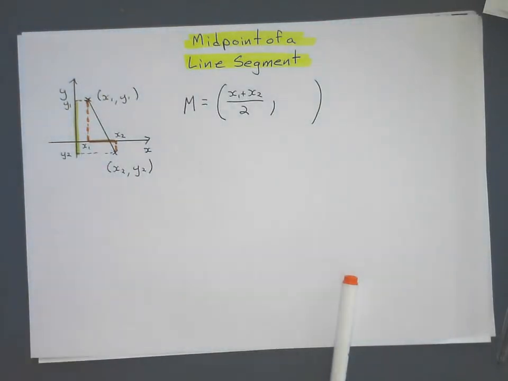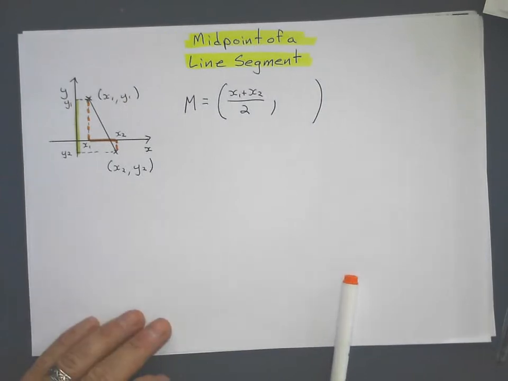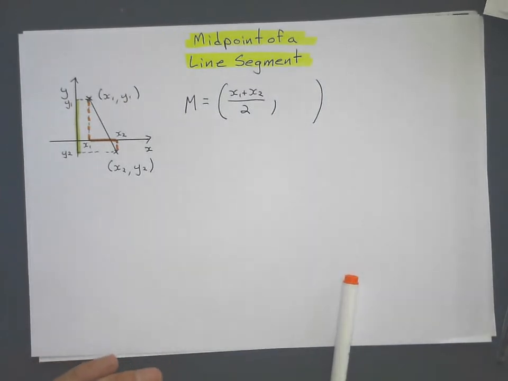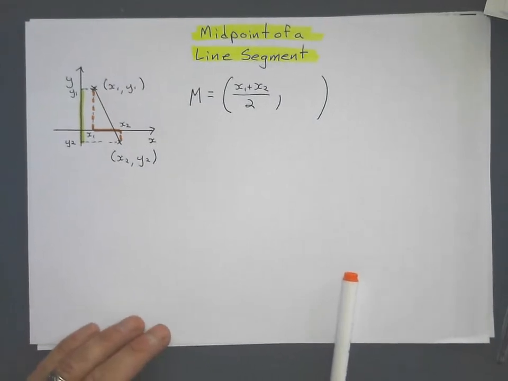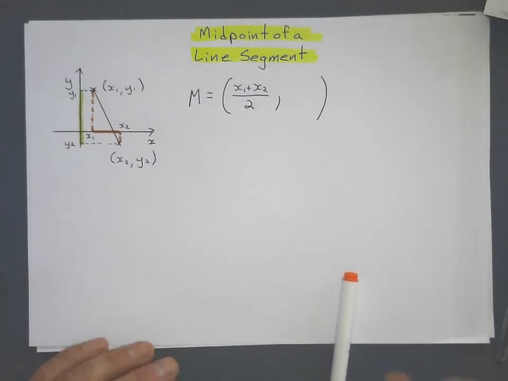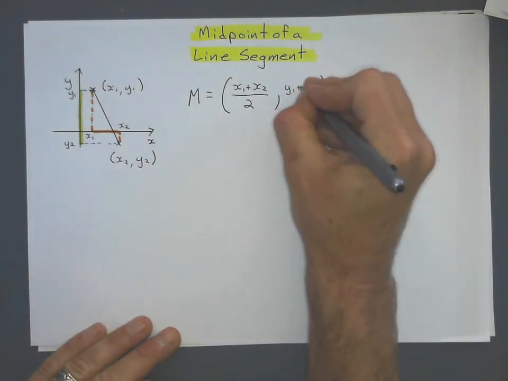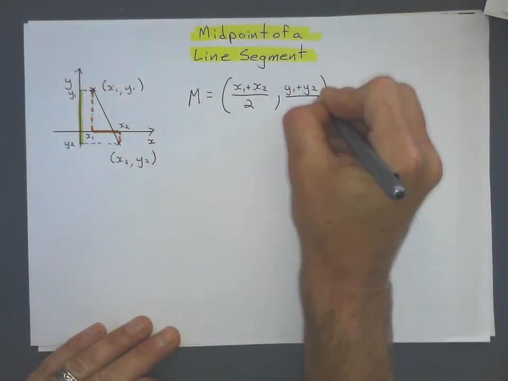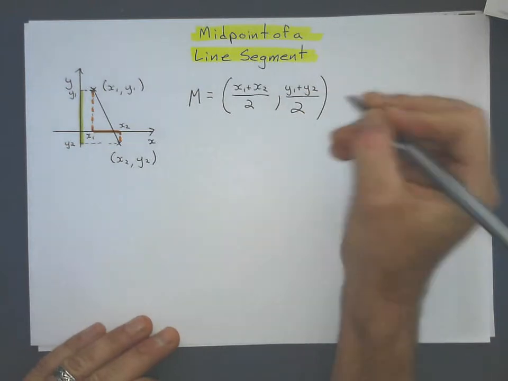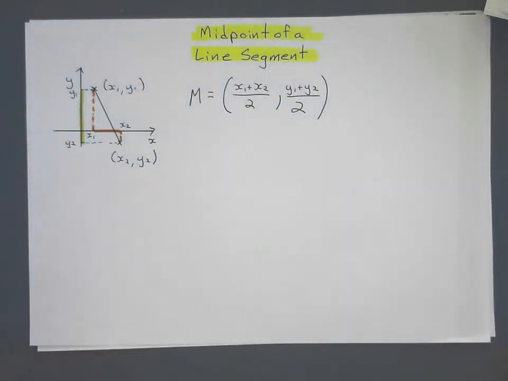The y-coordinate midpoint will fall right in the middle of that green line. And of course the y-coordinate will be the mean average of the y-coordinates as well.